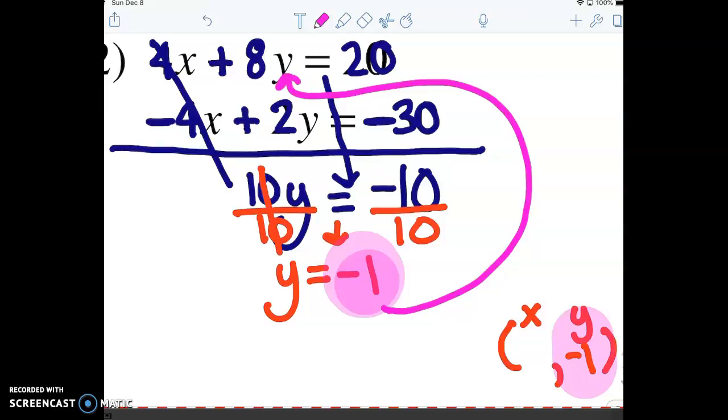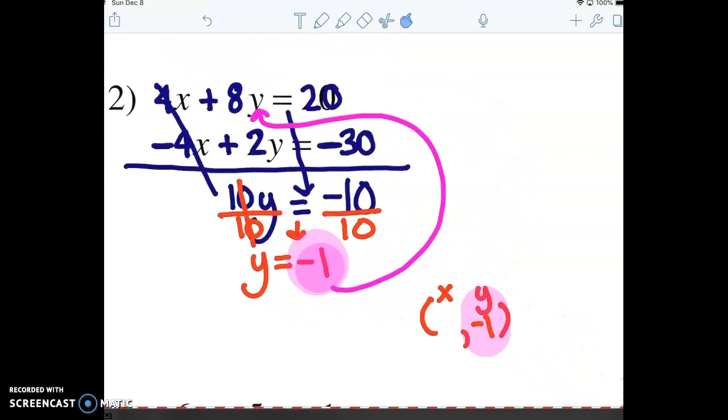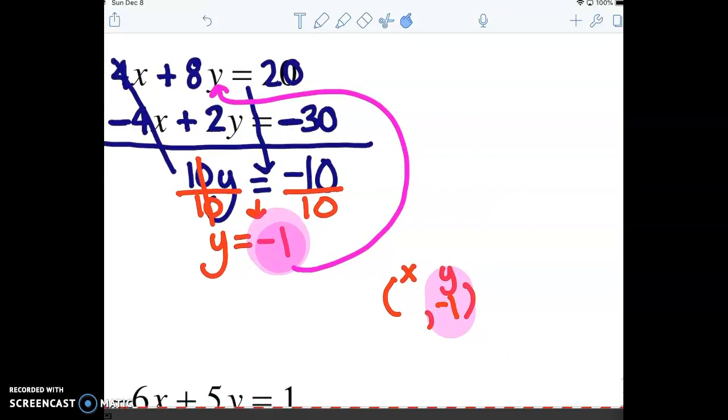A veces una ecuación es más fácil than the other, pero en esta ecuación, en este sistema, there's not one that's easier than the other.